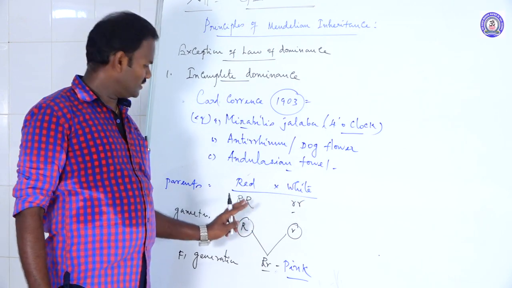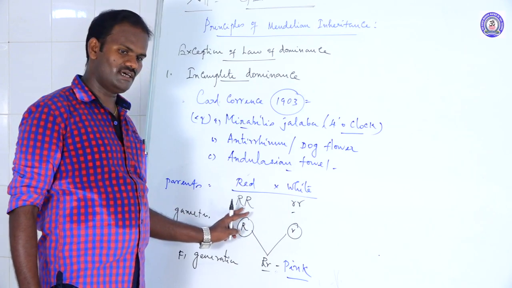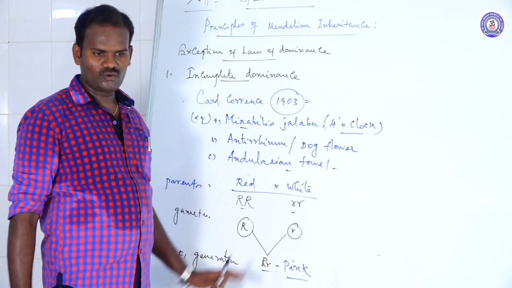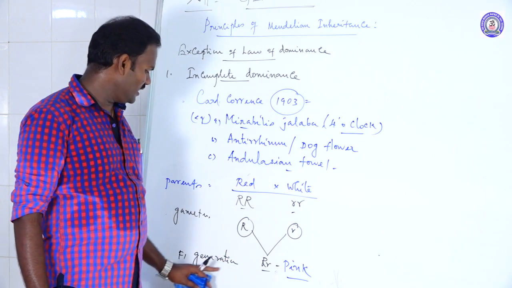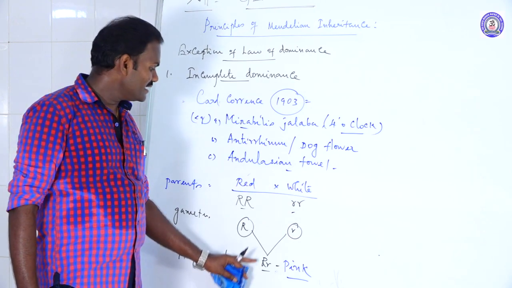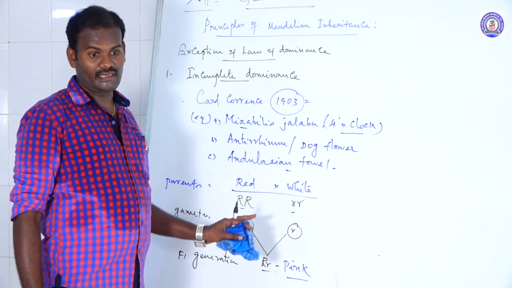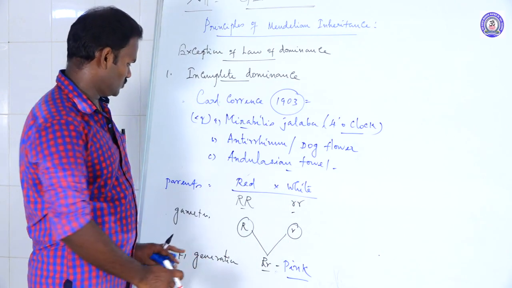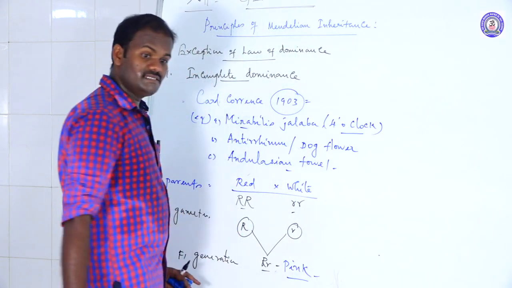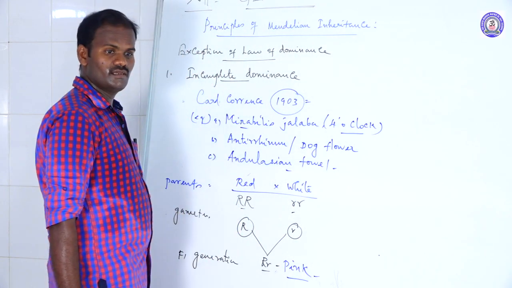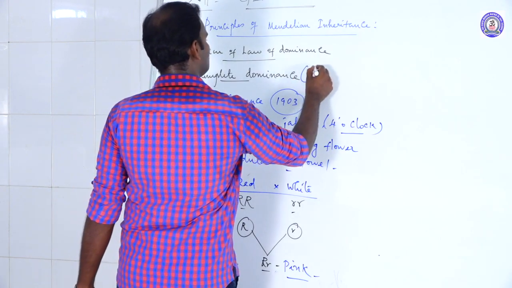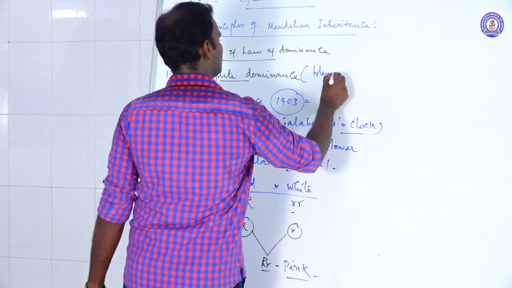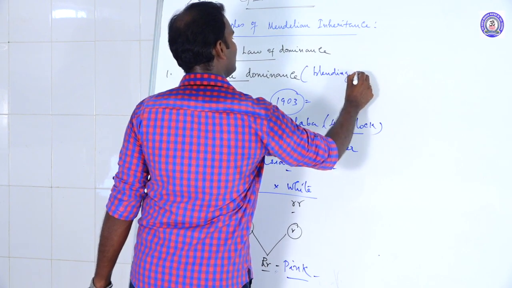No parental character or allele is dominant over the other. That is why all the F1 offspring are an intermediate color of the parental characters, so pink flowers are observed. Hence incomplete dominance is also called blended inheritance.